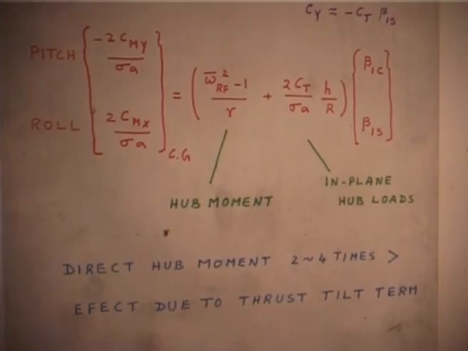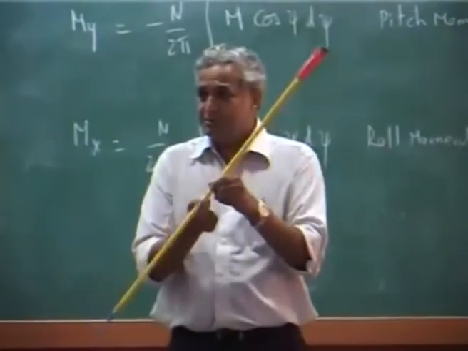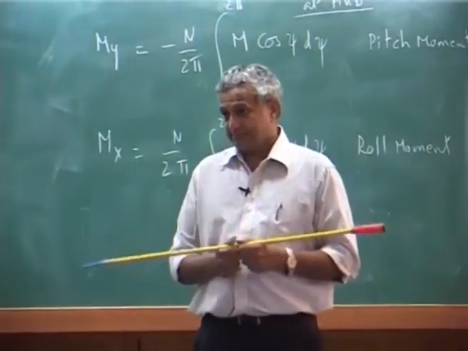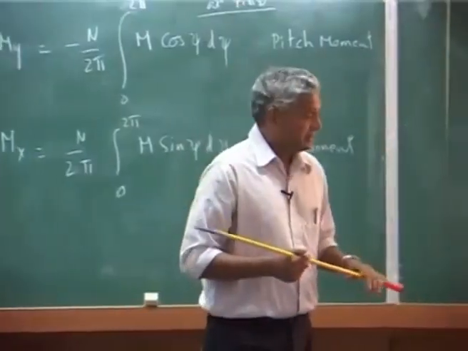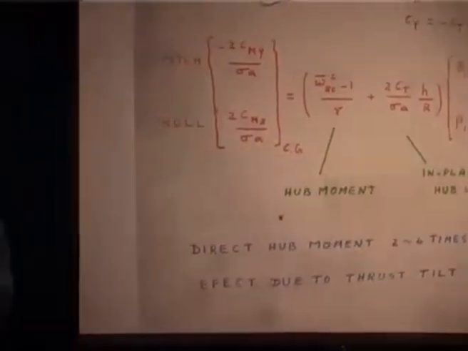When he goes 0 G, 0 G means 0 thrust, that means he cannot generate any moment, that means he will lose control over the vehicle. That is why helicopters, particularly the two bladed where it is centrally hinged, you do not fly low G because you do not have the moment. That is why they try to put some spring to increase the control.